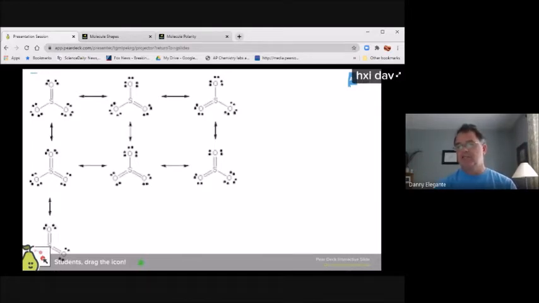And you can just think about what that is, and then drag the icon onto which molecule you think is the best. Based on formal charge, which molecule do you think is the best molecule to draw? Which Lewis structure does the best job according to formal charge?